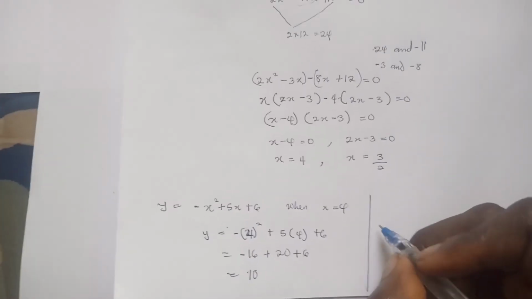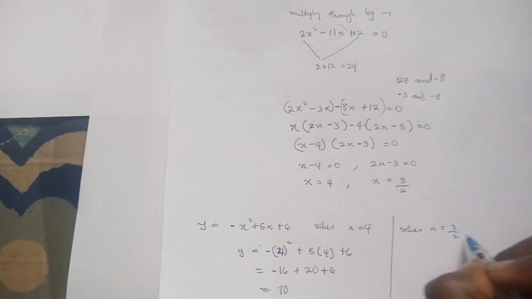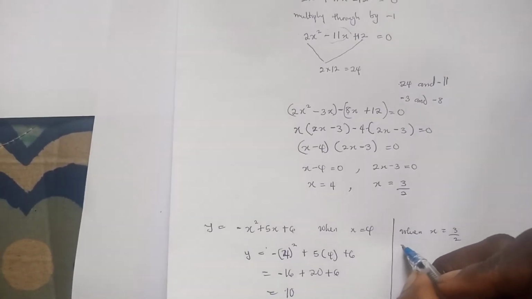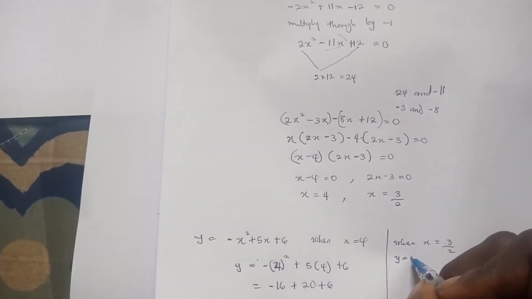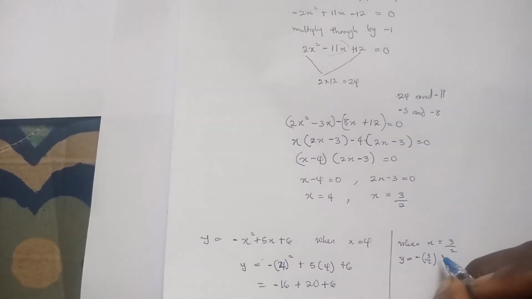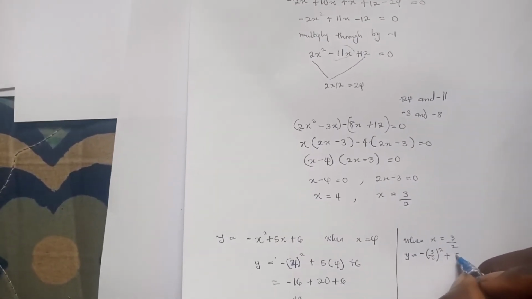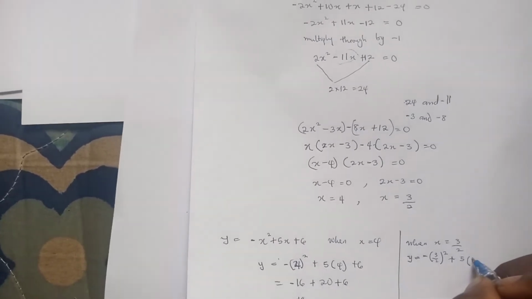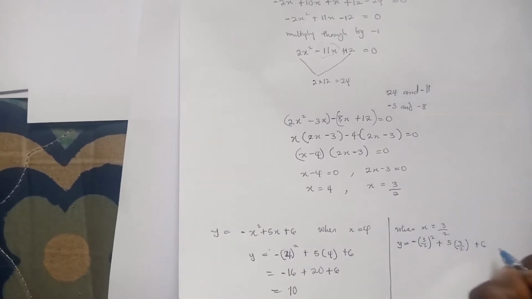And when x is equal to 3 over 2, we have y is equal to minus 3 over 2 squared plus 5 times 3 over 2 plus 6.